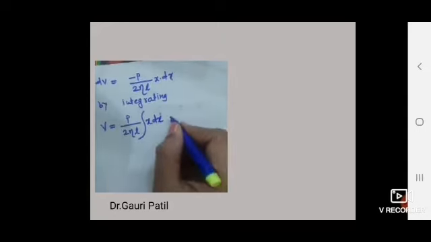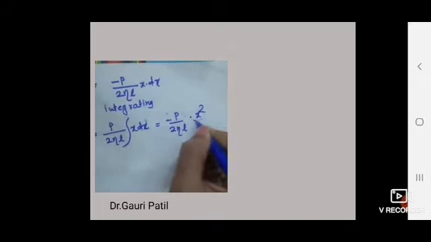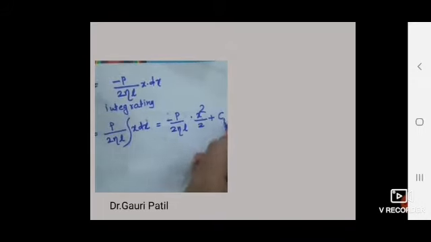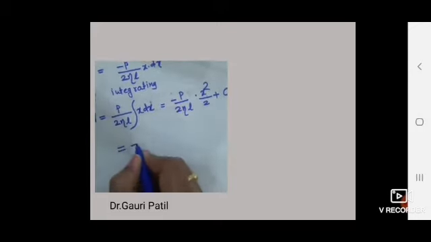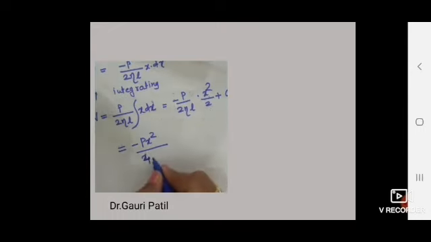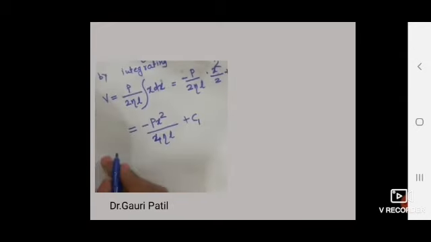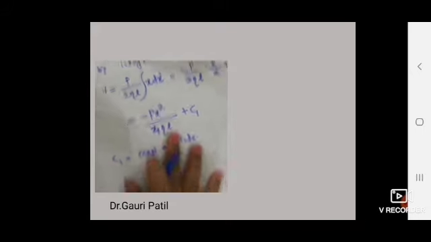So we get minus P upon 2 eta L into the integral of x square by 2 plus the proportionality constant c1. So finally we can write minus P x square upon 4 eta L plus c1, where c1 is the constant of integration.